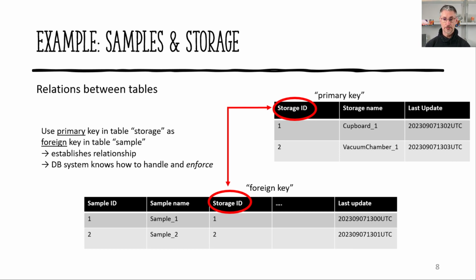Now the database knows that we have this relationship because we have the primary key in the storage location table and the foreign key in the sample table. And we tell the database, here is a relation, and we do this via the primary and foreign key. Now that the database knows about it, it can enforce it and can say whenever we want to, for example, enter a new storage location that is not yet known, it needs to be updated first in the location table.